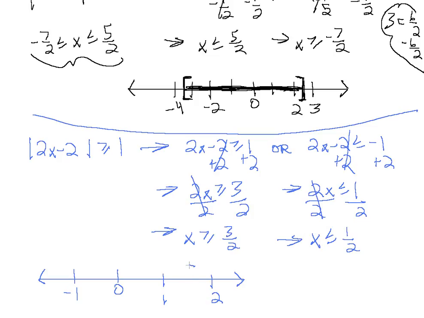We're going to have a bracket because we're going to include 3/2, and we're going to shade to the right. Those are the values greater than or equal to 3/2. And now we want all the values of x that are less than or equal to 1/2. We're including 1/2, so we're going to put a bracket here and shade to the left, which is all the values less than a positive 1/2.